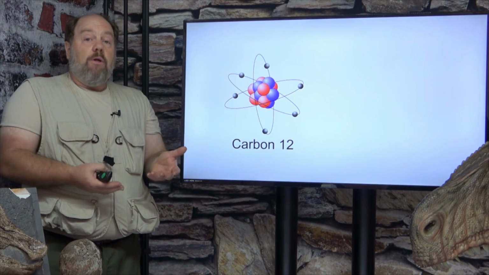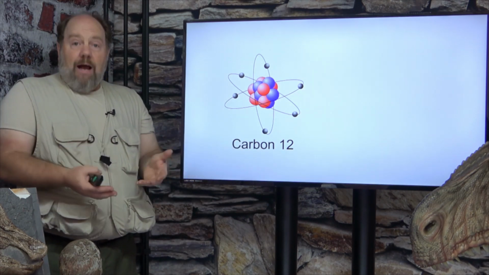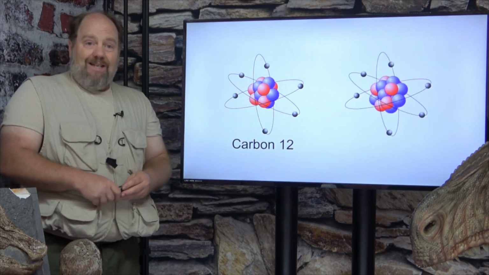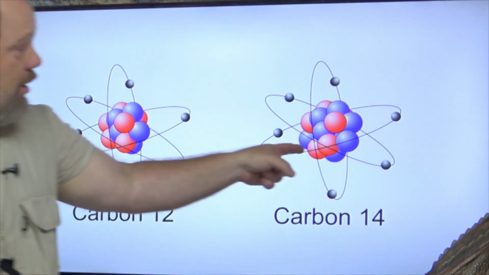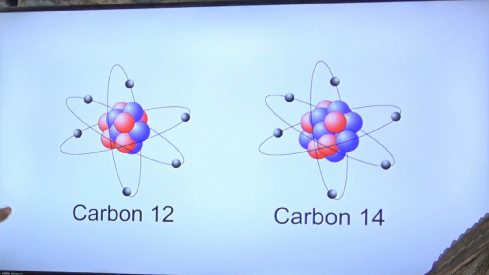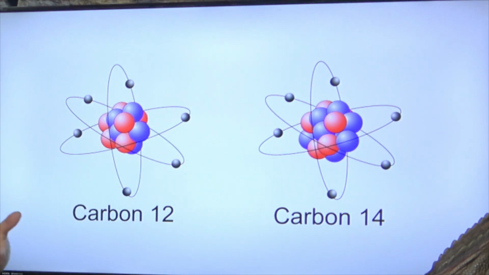So normal carbon is called carbon-12. There is a carbon atom, which pretty much everyone has heard of, called carbon-14. It's called carbon-14 because while it has 6 protons in its nucleus, it also has 2 extra neutrons. So these 2 forms of carbon are called isotopes.